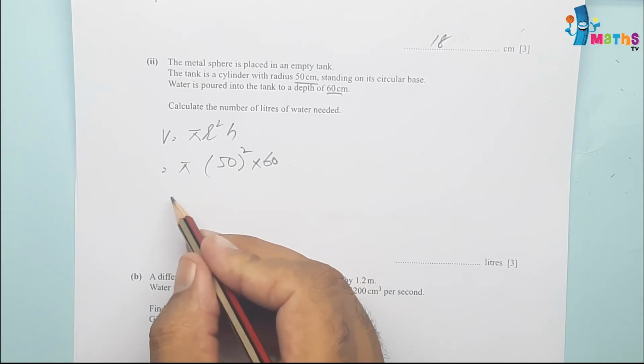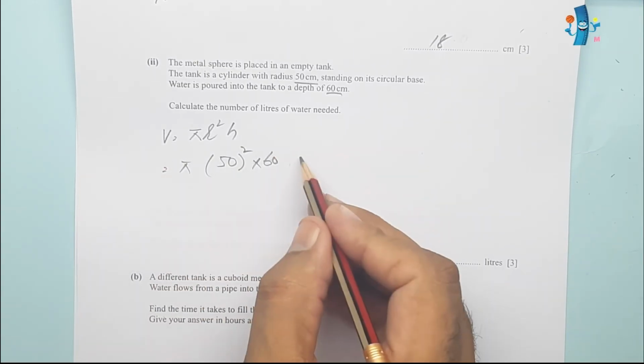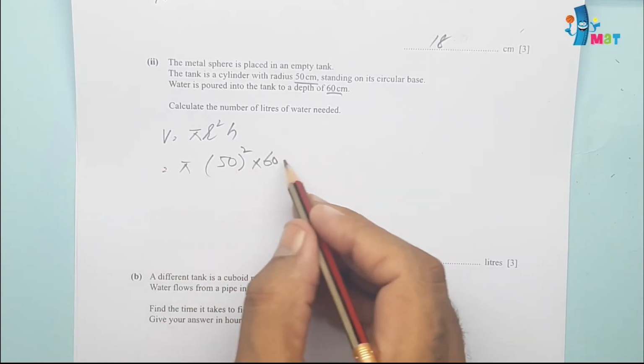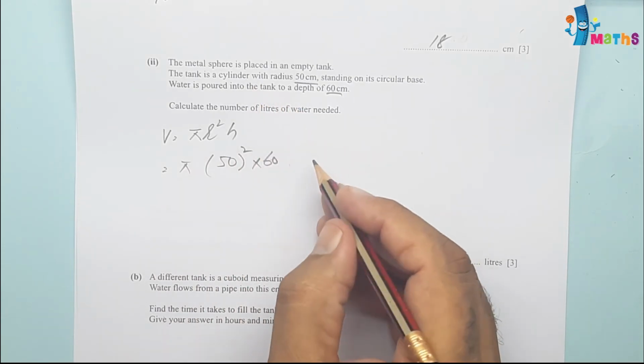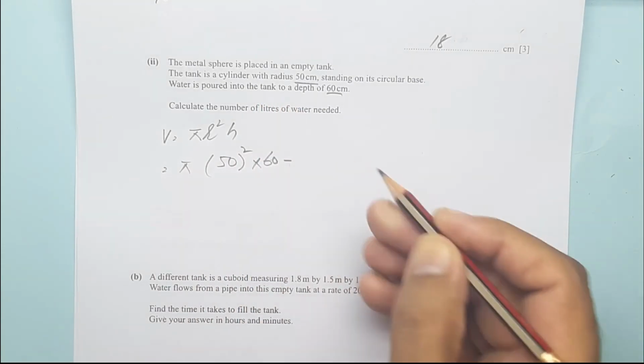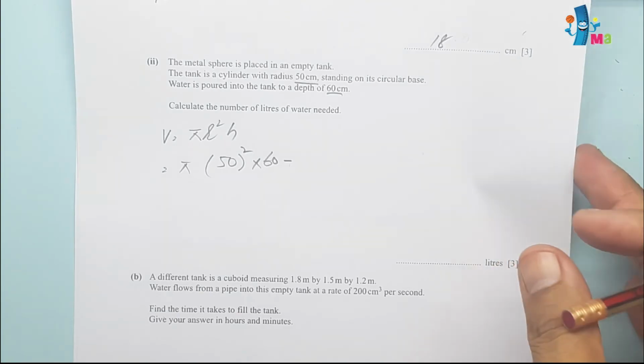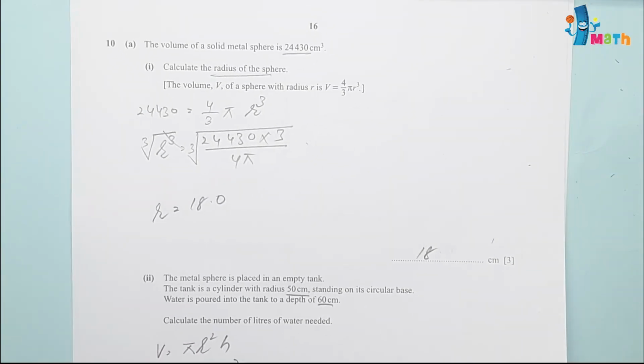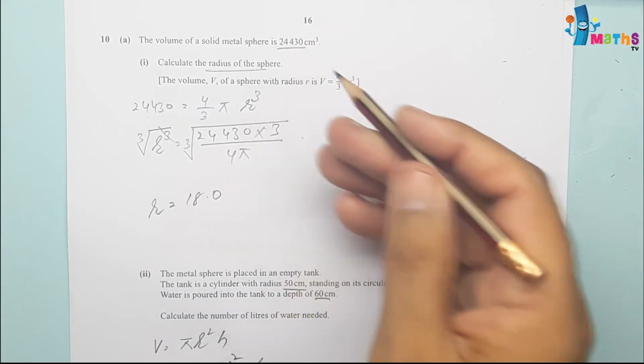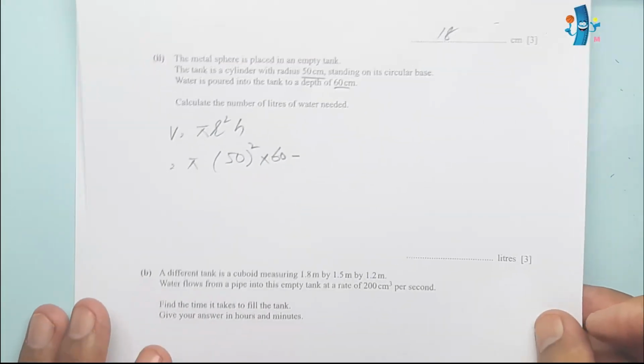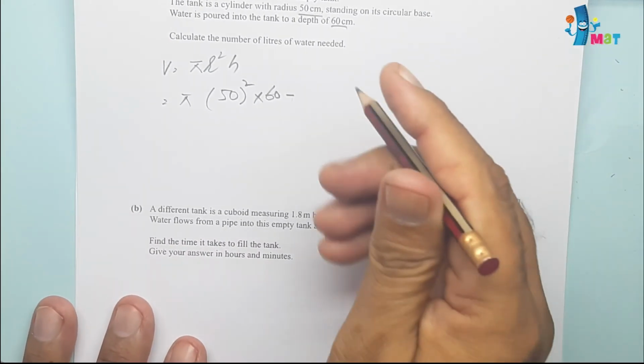Now we'll have to subtract this volume. From this volume we'll have to subtract the sphere, whose volume is given in a previous part, which is 24430. So we'll be subtracting that one from this.